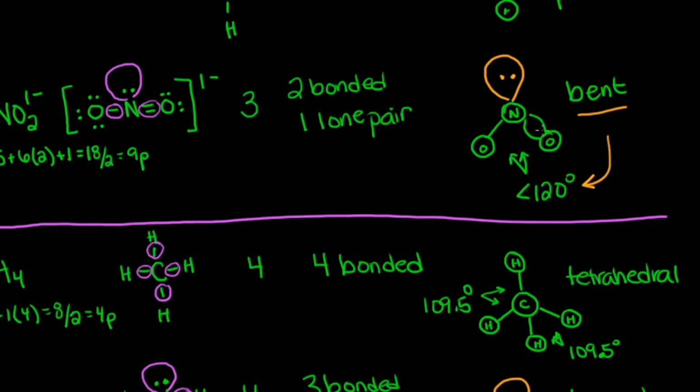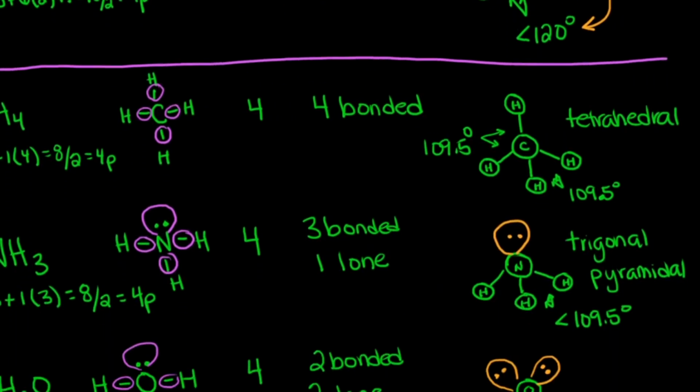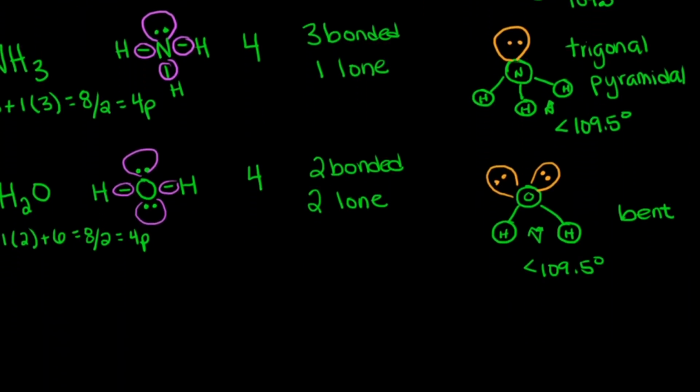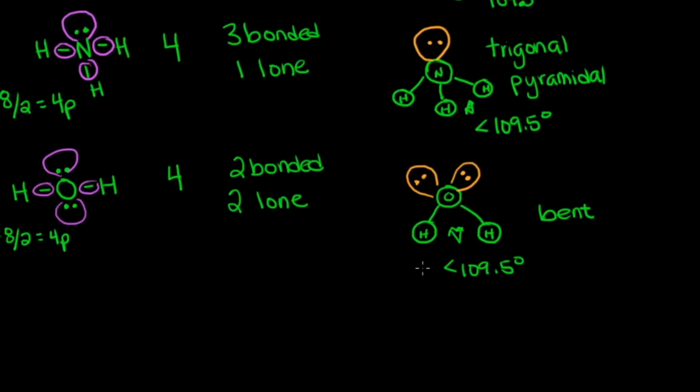Okay, so when you're in this 3-domain family with a lone pair on the central atom, it's 120 degree bent. When you are in the 4-domain family, there's 4 things around that central atom. And with 4 things around the central atom, you're going to be at less than 109.5 degrees. So these are 2 different types of bent molecules.